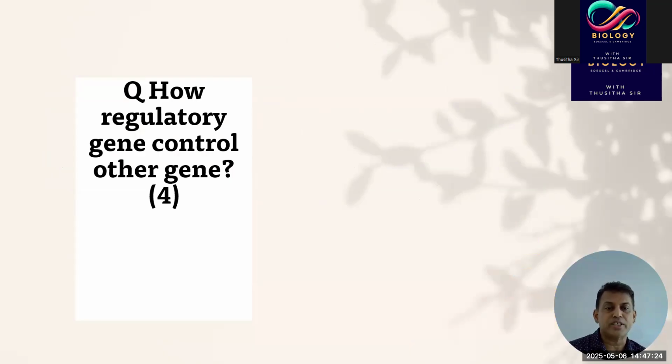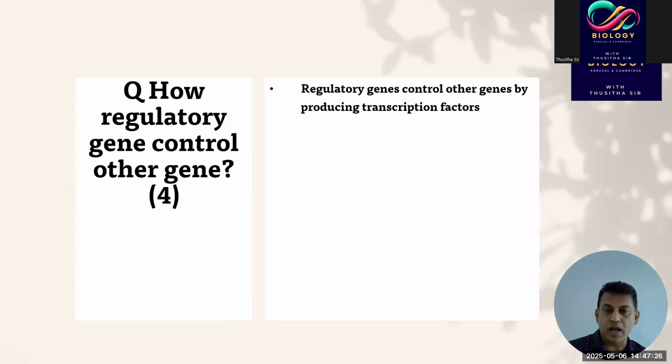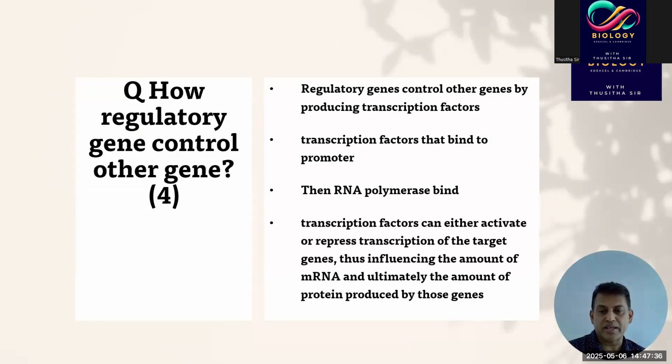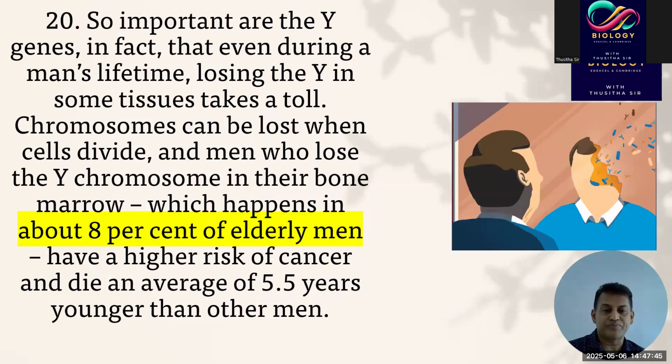How do regulatory genes control other genes? Answer: regulatory genes control other genes by producing transcription factors. Transcription factors bind to the promoter, then RNA polymerase binds. Transcription factors can either activate or repress transcription of the target gene, thus influencing the amount of mRNA and ultimately the amount of protein produced by those genes.